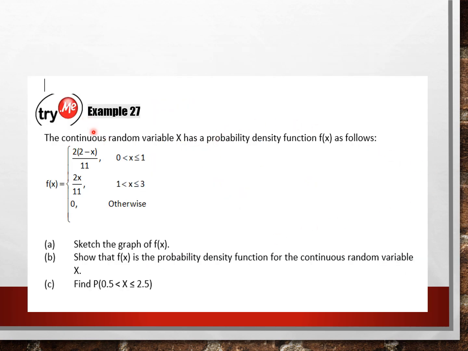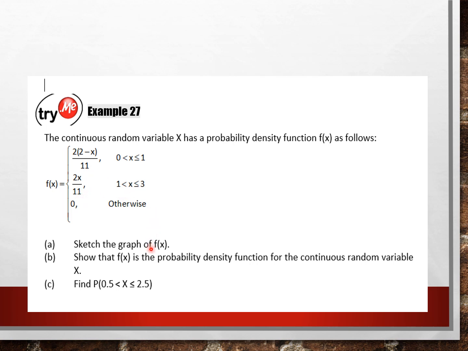Okay, the last example I'm going to show is example 27. The continuous random variable x has a probability density function as follows. As you can see here, there are two intervals. From 0 to 1, we have this function. From 1 to 3, we have this function.